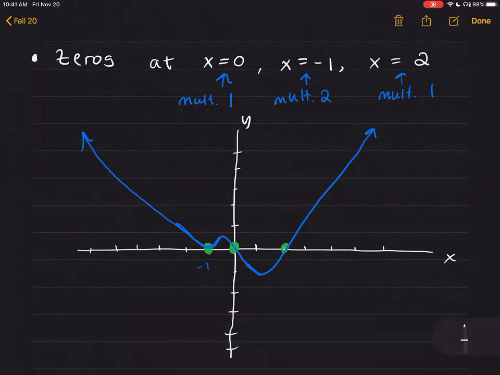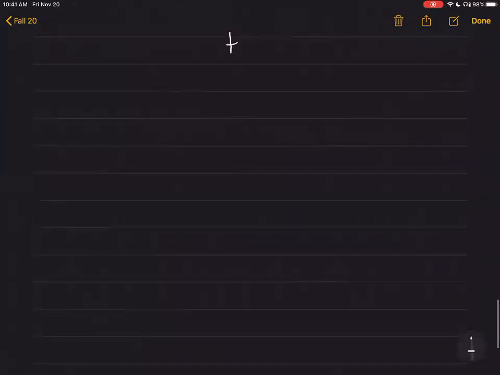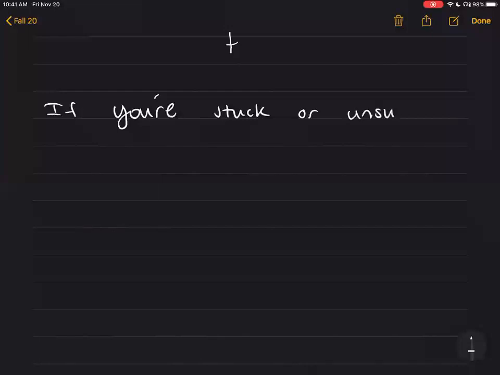Now, if you're ever stuck or unsure what the graph should look like based off of the kind of data that you compiled, you can use test points.